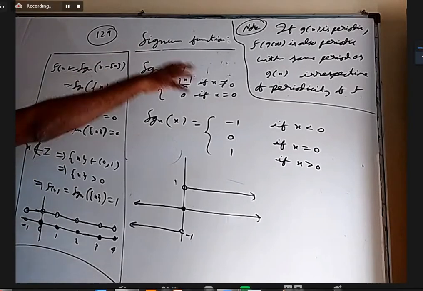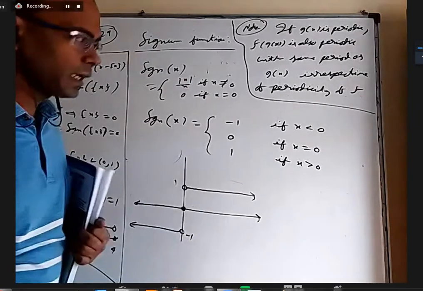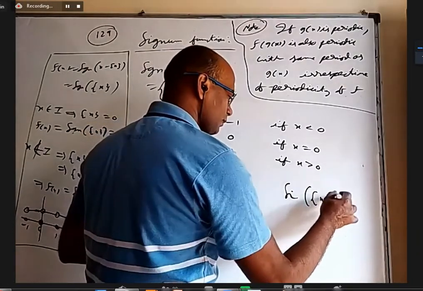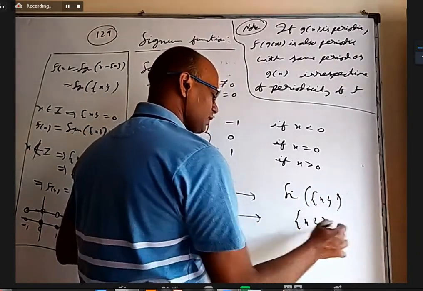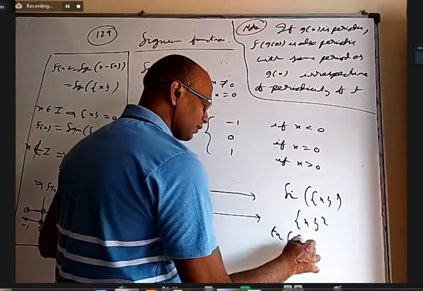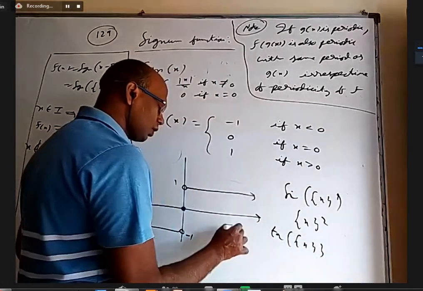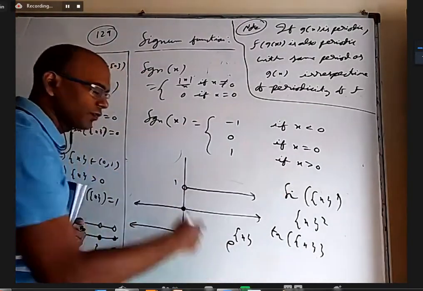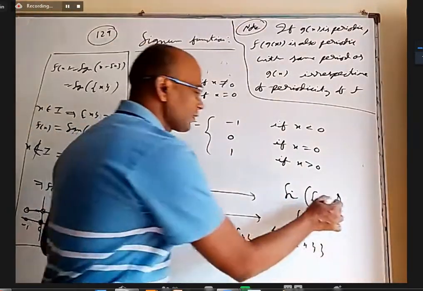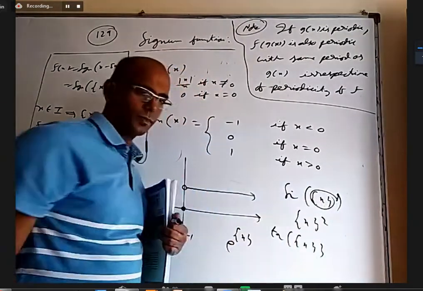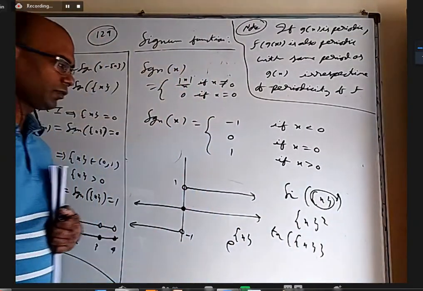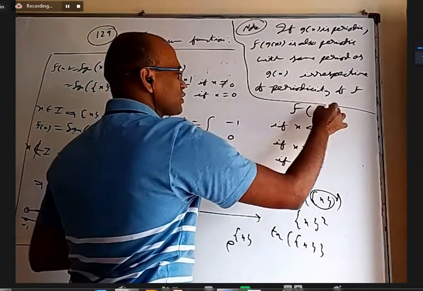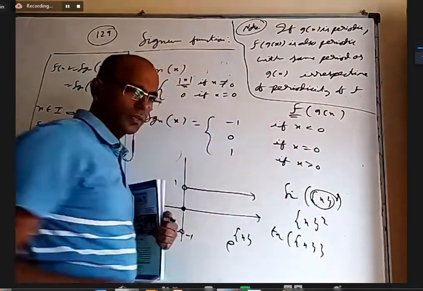Another way is, without understanding all that, whether you take sine of the fractional part of x, or the fractional part of x whole squared, or tan of the fractional part of x, or e power the fractional part of x, it doesn't matter. For all of them, the period is 1 only, because the period of the fractional part of x is 1. That's what I'm mentioning here. When you take f of g of x, we don't even care what f is.